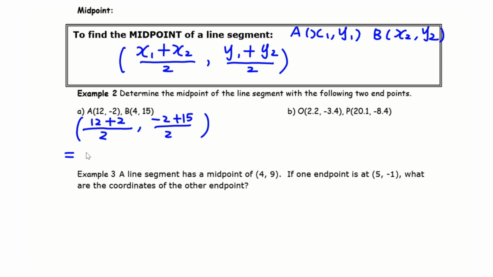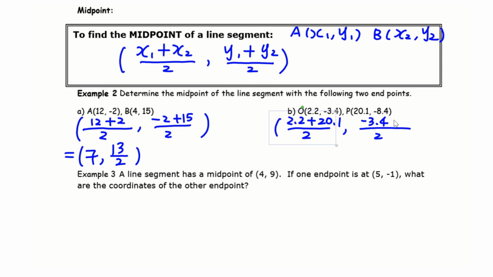Then we are going to have 7 and 13 over 2. So you could just keep it as a fraction. And for the next one, do the same thing. You just add the 2 x coordinates together to find the average and add the 2 y coordinates together to find the average.